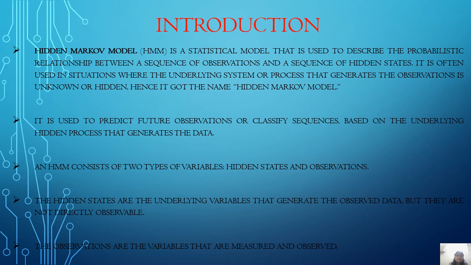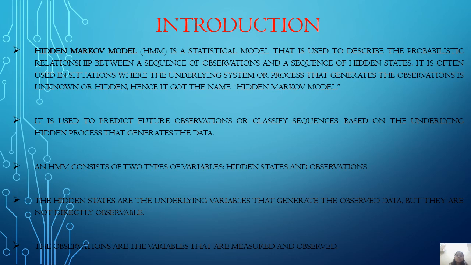It is a statistical model that is used to describe the probabilistic relationship between a sequence of observations and a sequence of hidden states. It is often used in situations where the underlying system or process that generates the observations is unknown or hidden. Hence, it got the name hidden Markov model.